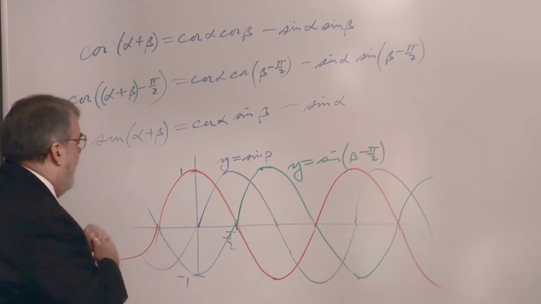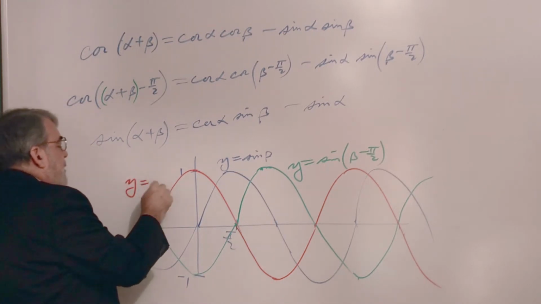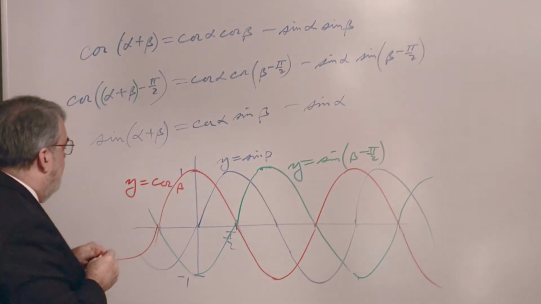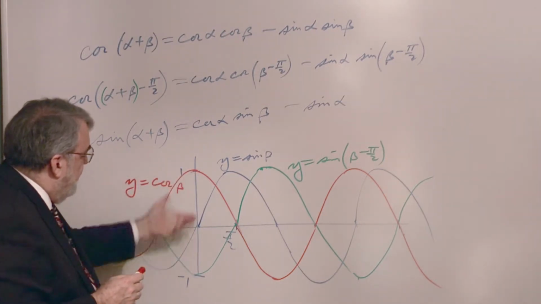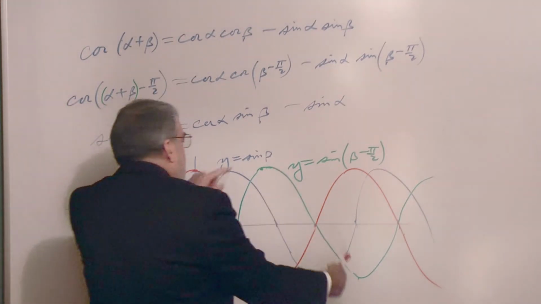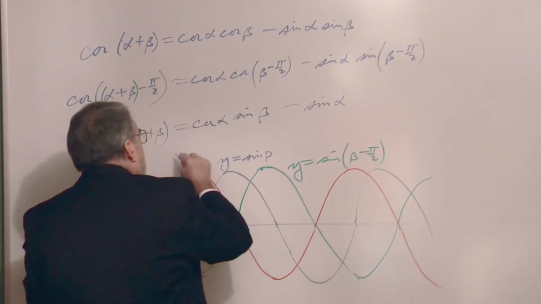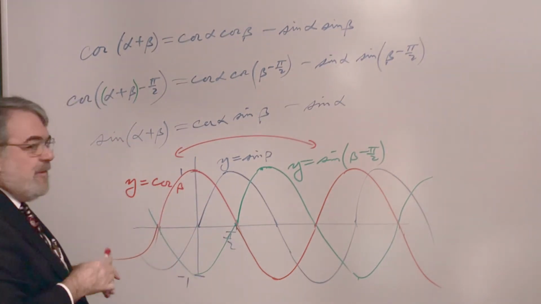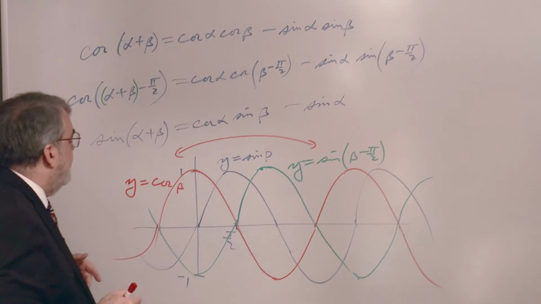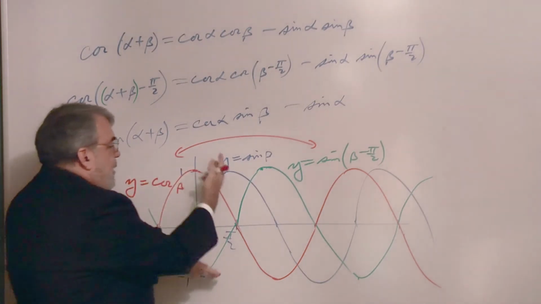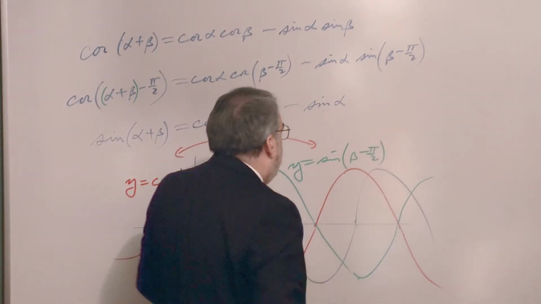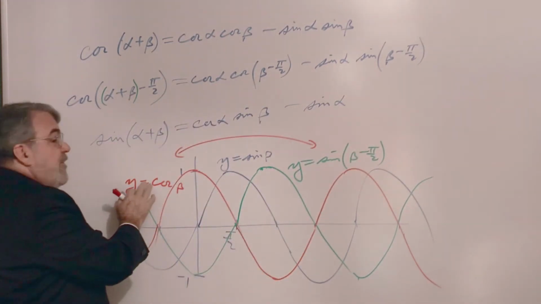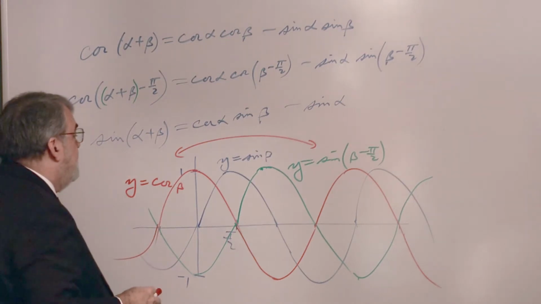The red graph is the simple cosine function, cosine of beta. Well, look at this. If I reflect it across the x-axis, then I've got this function. So these two are quite related. One is upside down from the other. That's a vertical reflection. If you change all the y values, then this sine of beta minus pi over 2 will turn into actually the negative of cosine beta.